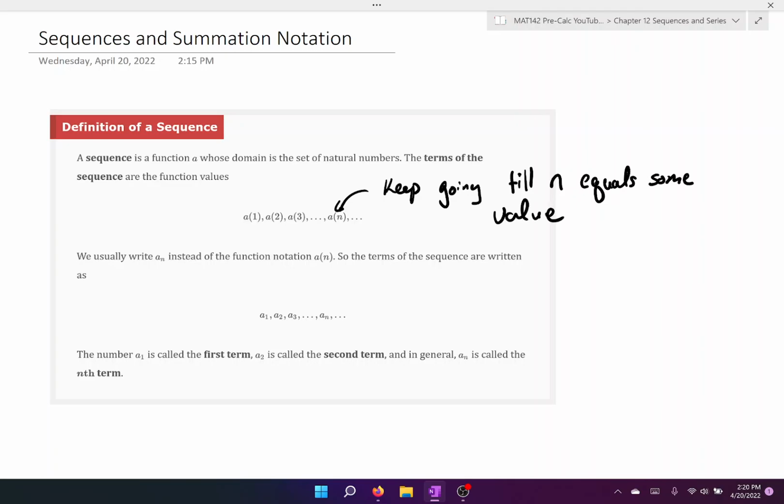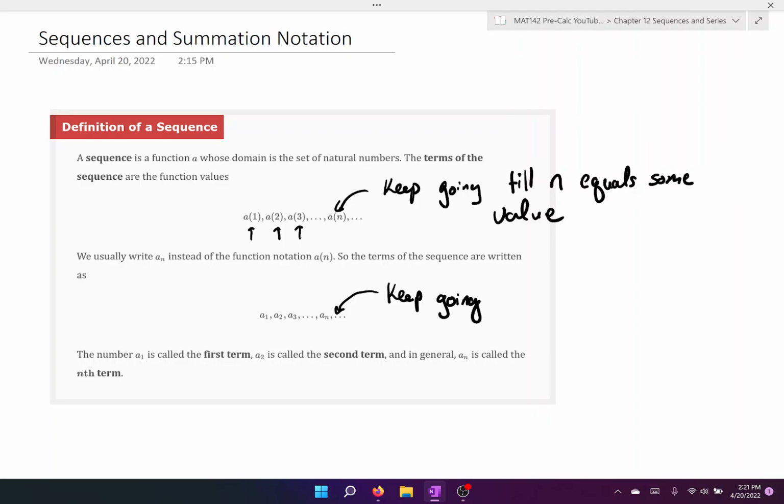Each one of these is going to be a different number within the sequence that we have. Normally, we just write the terms like this: A1, A2, A3, all the way up to A sub N. The three dots on the far right-hand side are called ellipses, and they just mean to keep going.